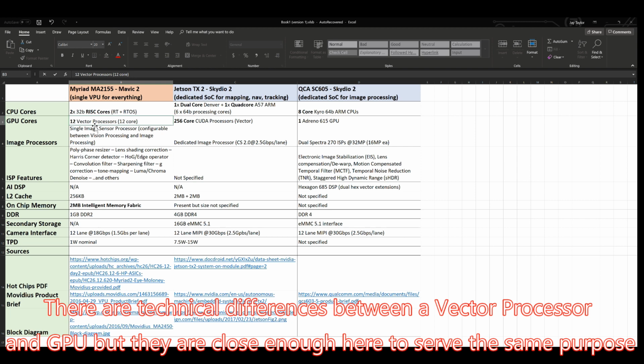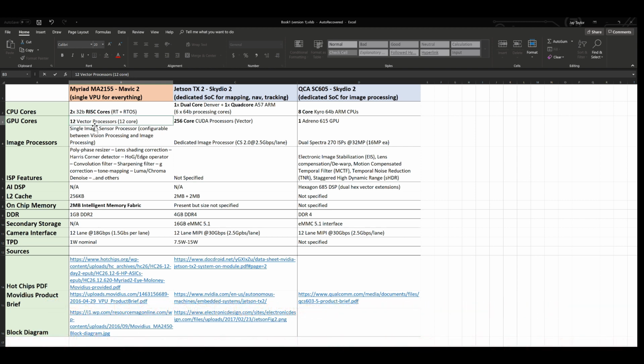The image processor is a single image processor, and it's software configurable to do either vision processing or image processing, or you can switch it back and forth. My guess is that this is primarily set up in the DJI part as an image processor, especially the Mavic 2 Pro, because they don't have other cameras feeding this thing.